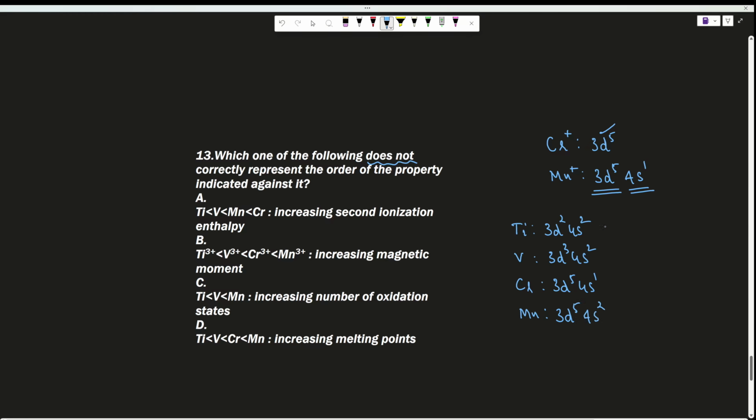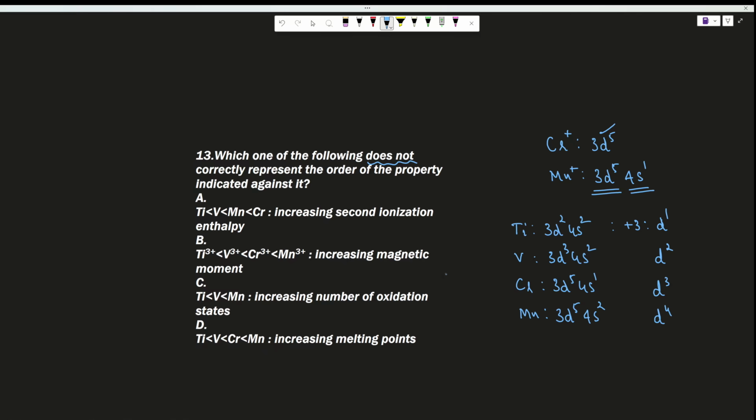When you consider their +3 ions, you have d1, d2, d3, and d4. That means the unpaired electrons increase, so the magnetic moment will increase.